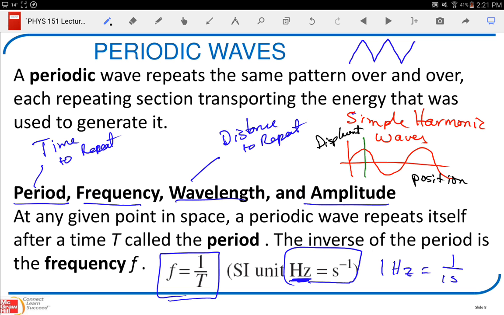And the displacement is at any instant how far away it is from the equilibrium position of the straight line. And the amplitude is simply the maximum displacement. So amplitude is the farthest it will ever get from the equilibrium position, the largest displacement. Good enough.